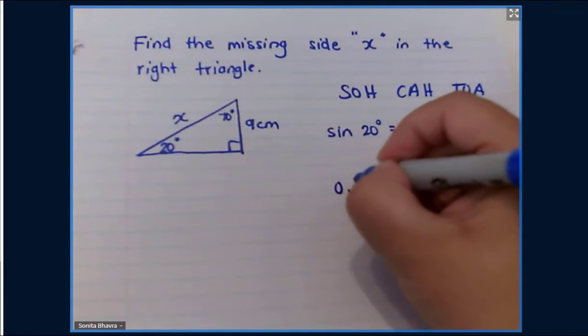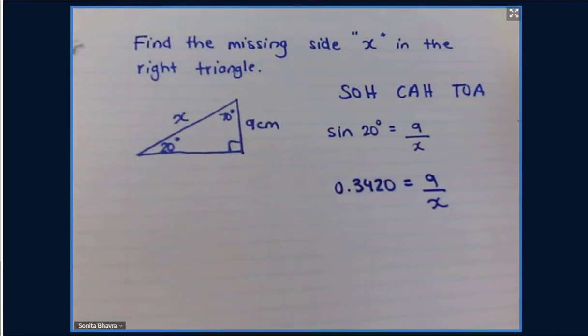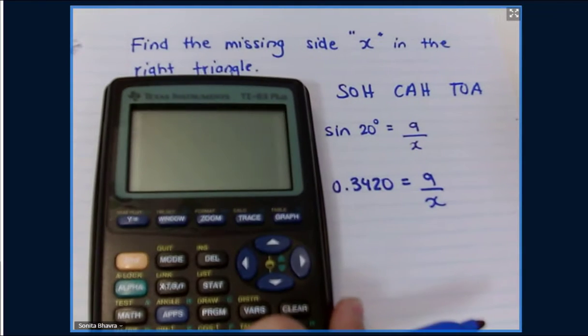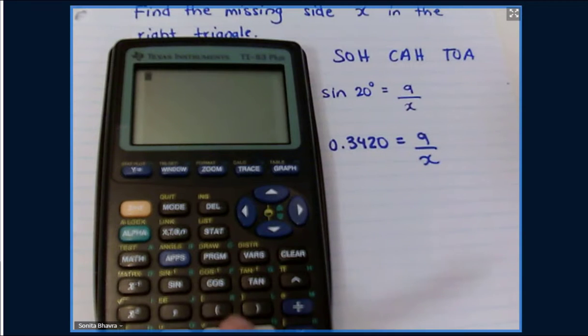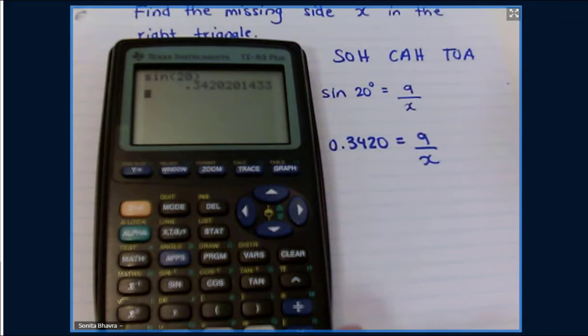So we get 0.3420 is equal to 9 over x. All right, you can also use your calculator to figure out that sine of 20. So I'm just going to show that here. Okay, so we're just going to type in sine of 20 is equal to 0.3420.